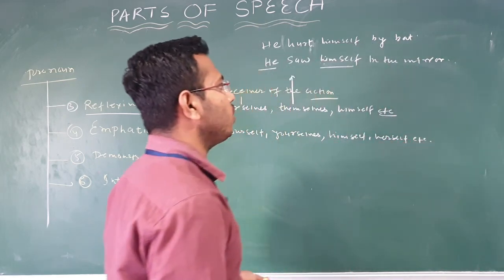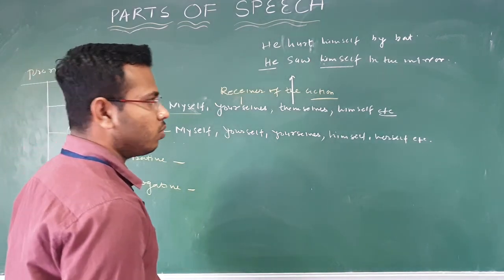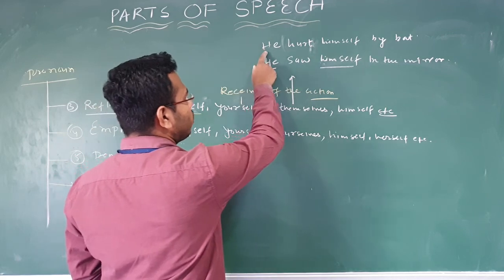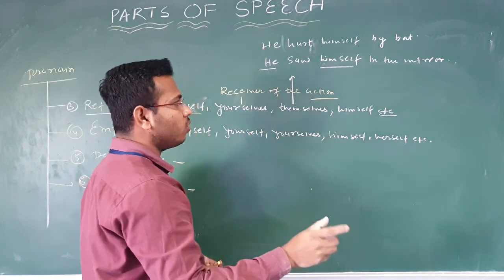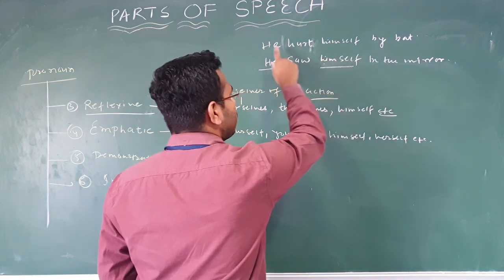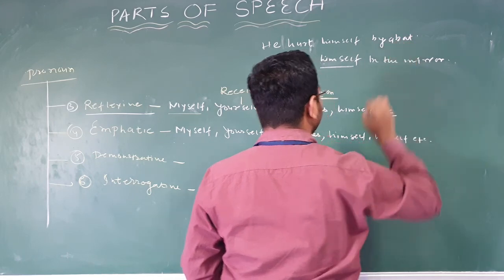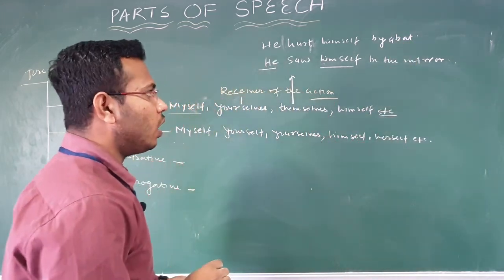He hurt himself by a bat. So receiver and doer both are the same. Who is doing? There is a boy who is doing, and who is receiving the action? There is the same boy who is receiving it. So he hurt himself by a bat. Before a common noun, we use articles.